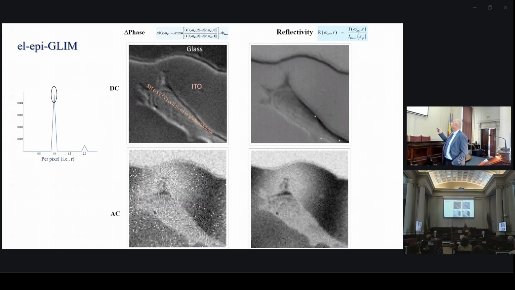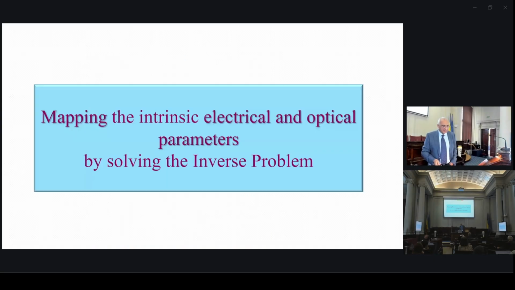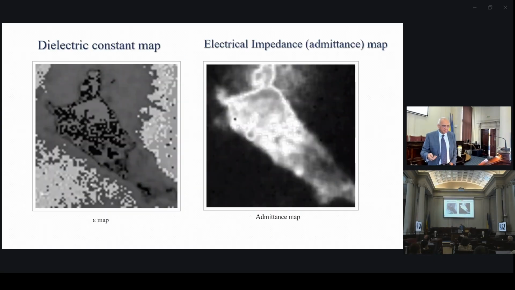We got these pretty nasty images, but that was at that time. And then we managed to derive also the electrical phase shift maps, which look a little bit more interesting, let's say. From these, we solved the inverse problem and derived these maps. They are not looking nice, but this is the first map that provides information that these can be solvable.